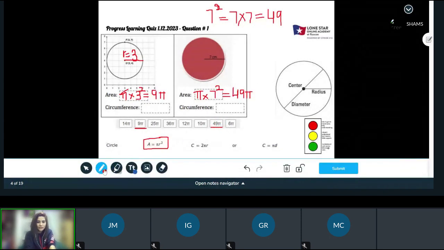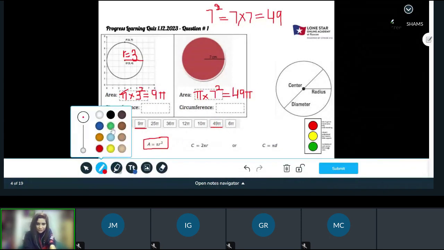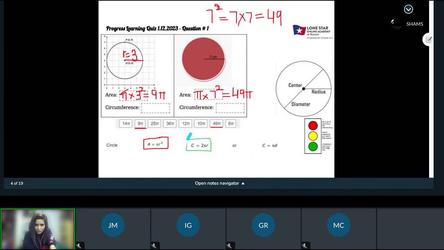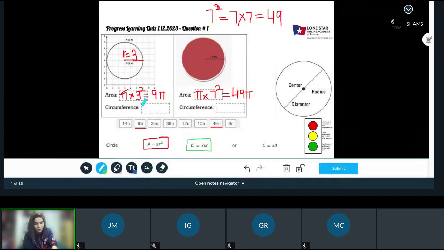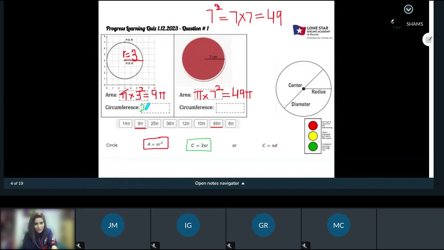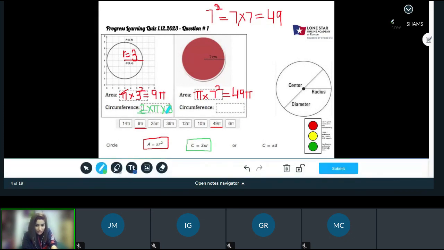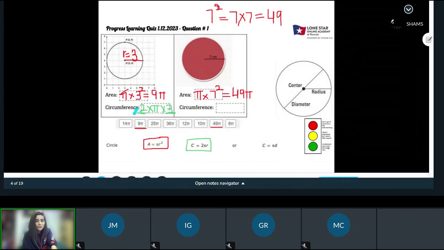Then we will go find circumference because radius is given. I will use this first formula for circumference. So formula says 2 times pi times the radius, and the radius is 3. When you write it out like this, you can multiply your 2 times 3, because they're both numbers. 2 times 3 gives you 6.